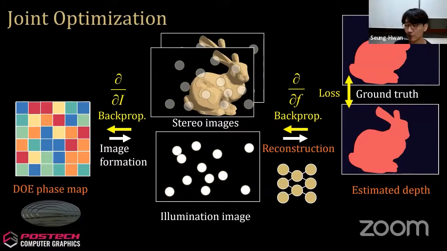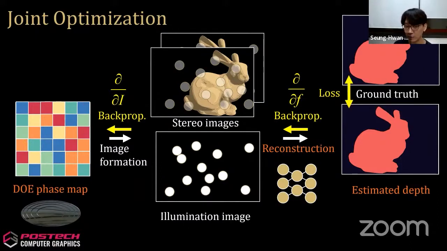Then, if we have the ground truth depth map in simulation, we can compute the loss function, which is backpropagated through this reconstruction network to the DOE phase map. If everything is implemented in a differentiable manner, then we can jointly optimize the DOE phase map and the reconstruction.